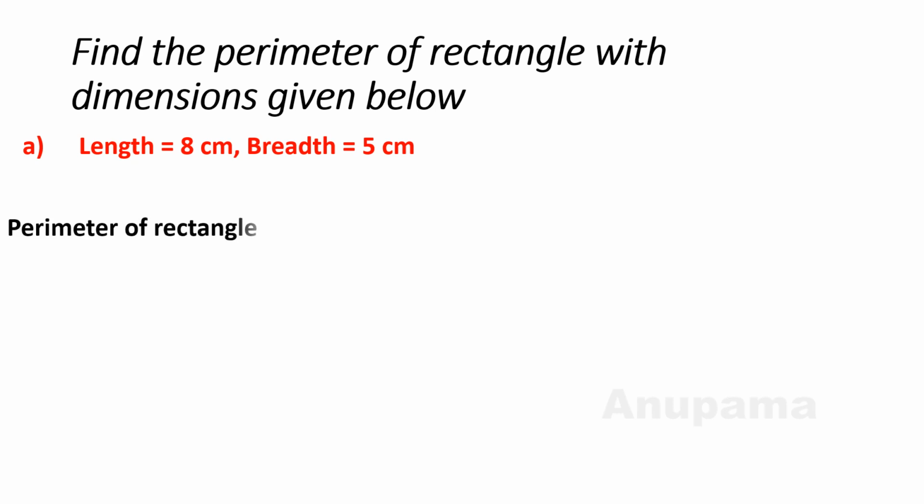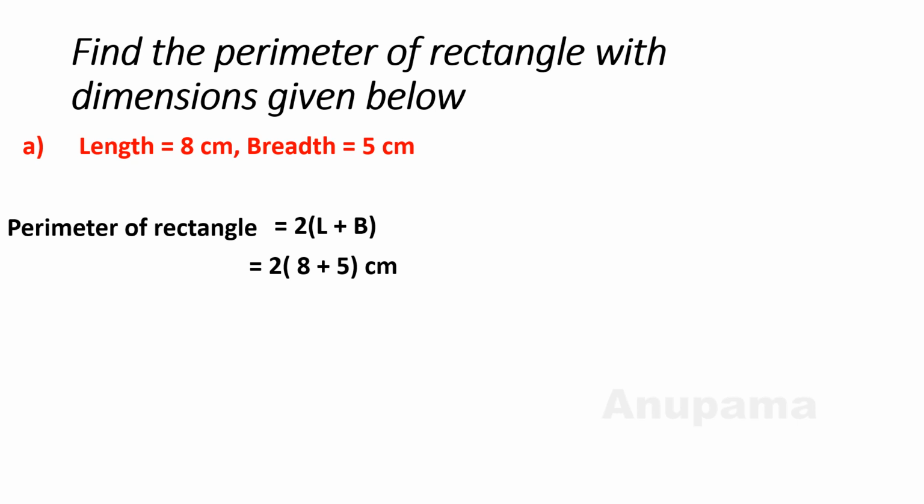You know that the formula of perimeter of rectangle is 2 multiply in bracket length plus breadth. I have written length and breadth as L and B respectively. So let us put the values of length and breadth here. We will write 2 in bracket, instead of length I will write 8, and instead of breadth I have written 5.